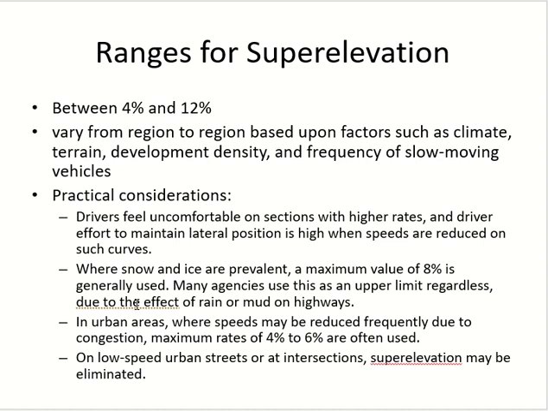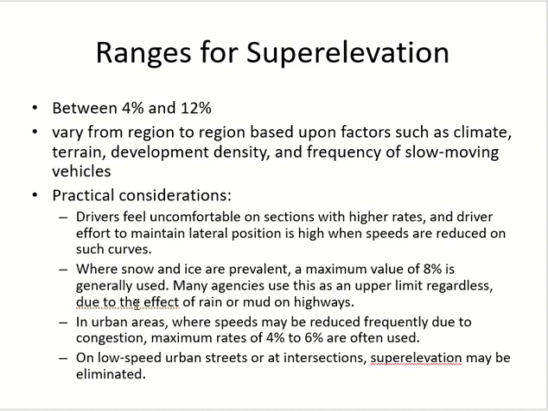The other points we have already discussed. Apart from this one, at intersections they are saying you can eliminate the superelevation, make it 0, or whatever is required for the drainage, like you design without the superelevation. This is called a low speed curve or low speed turning, because at an intersection what happens?